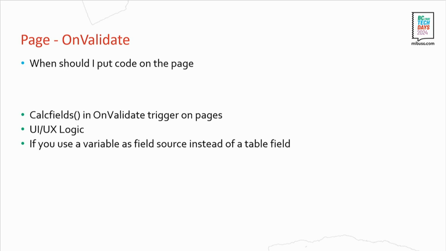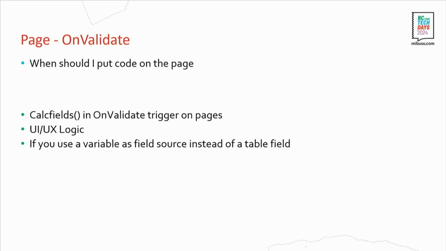Then any kind of UI, UX logic, style expression, hiding or showing fields dynamically, putting actions somewhere, all those kinds of things where you want to modify something on the page, like the state or anything else. That's typical stuff to do on the page. And then the last thing, if you use variables as a source expression for a field on a page, you have no option.